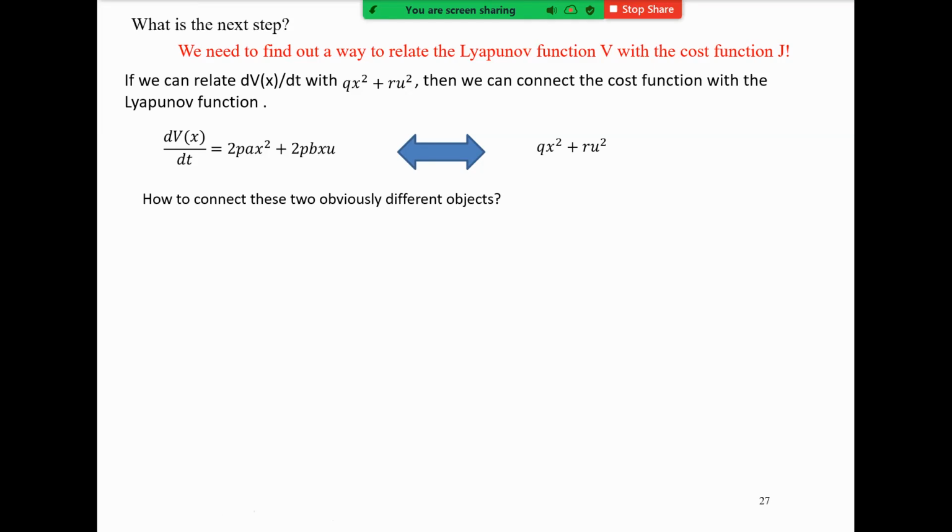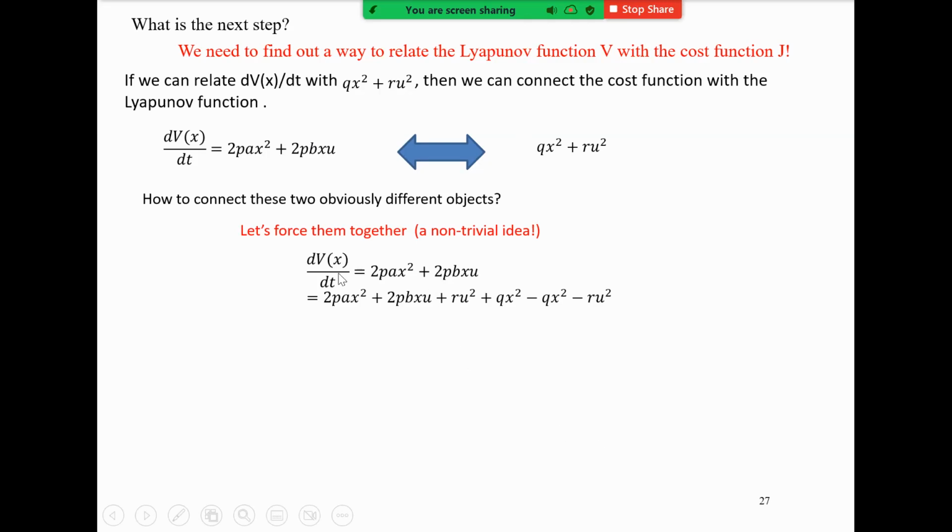That's a very important step in the whole solution: I want to relate those two. Let's just force them together. They don't like each other, they're not in any way similar, but let's put them together.